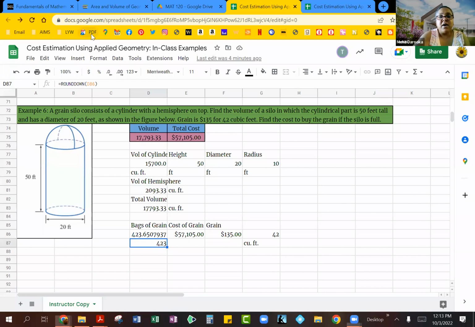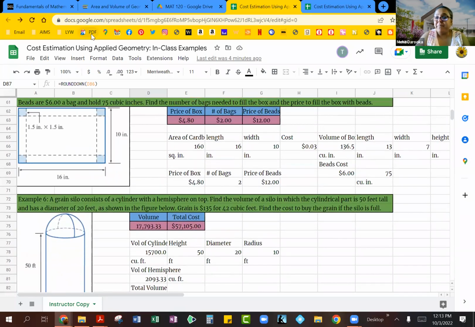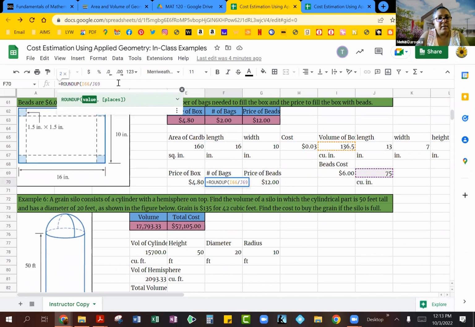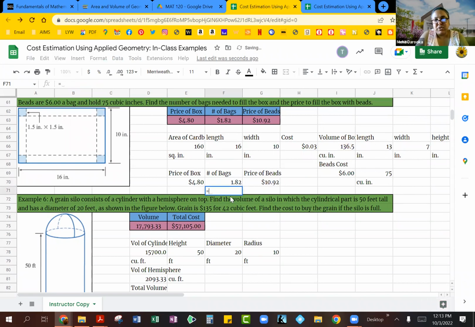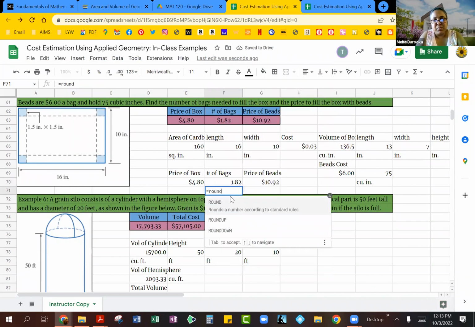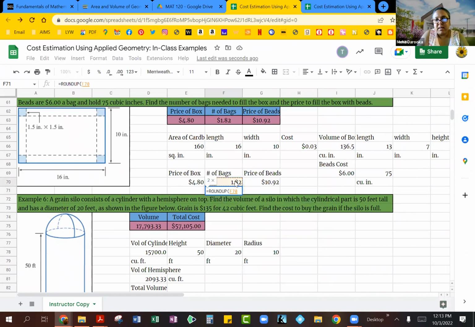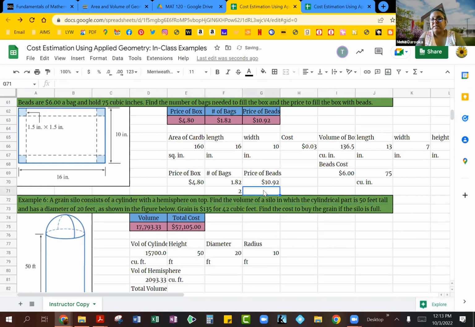With the box of beads, you are actually going to have beads left over too, right? Because remember, this guy came out to be, and let me go ahead and remove, so this was our 1.82. And in this case, we are actually going to round up and get 2 bags of beads, because again, if you only got 1 bag, you wouldn't fill the entire box.